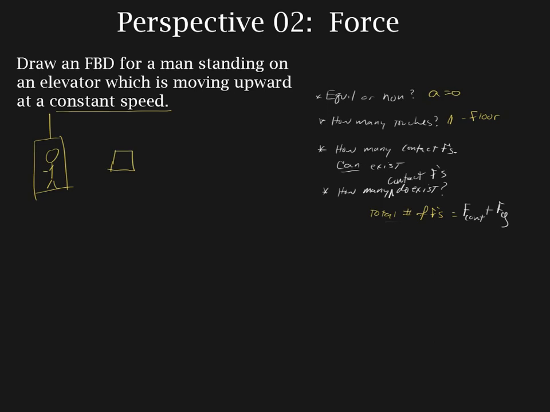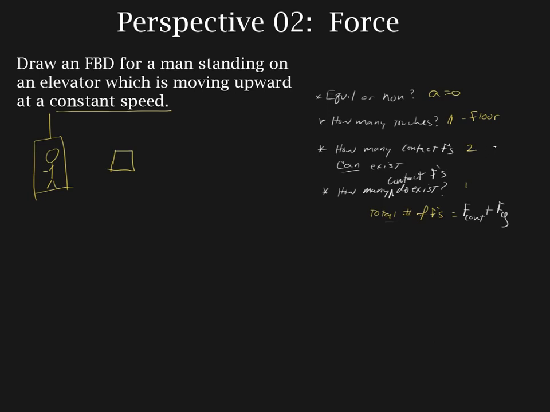How many contact forces can exist? As a result of only this 1 touch, and because it is a touch with the floor, that means we can have 2 possible forces. But then how many contact forces do exist? That's going to be 1.